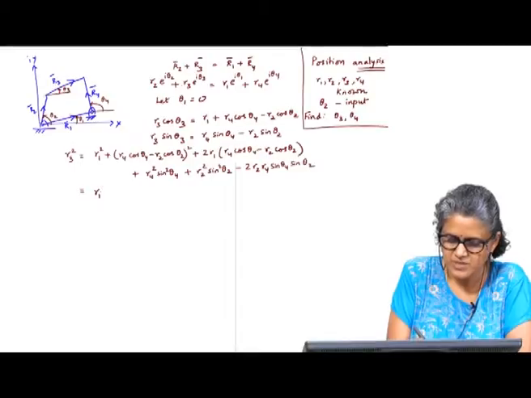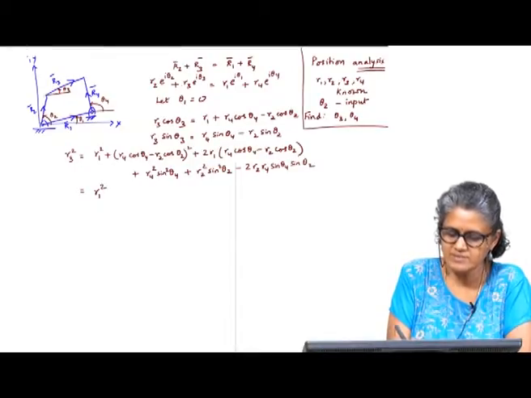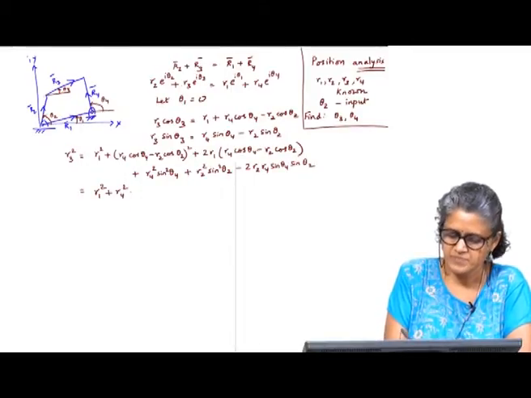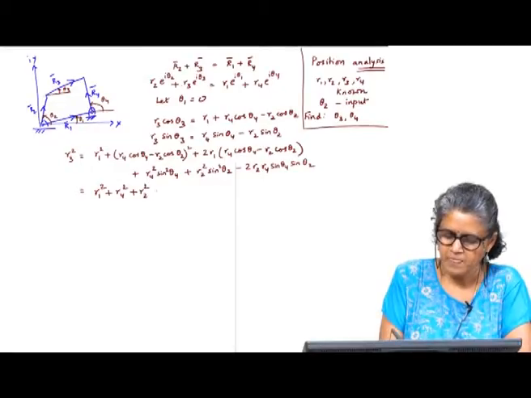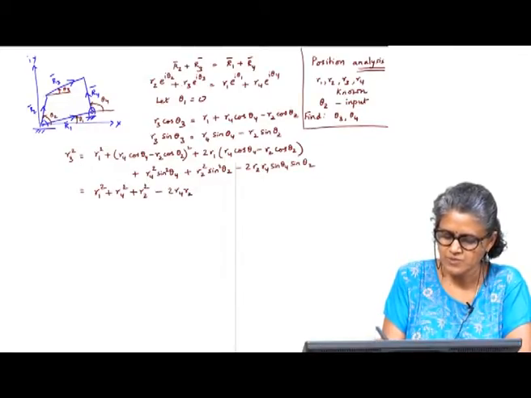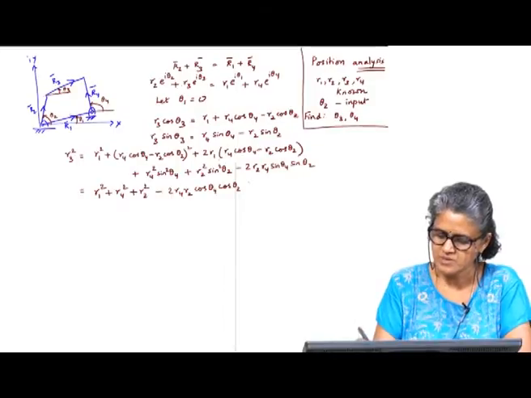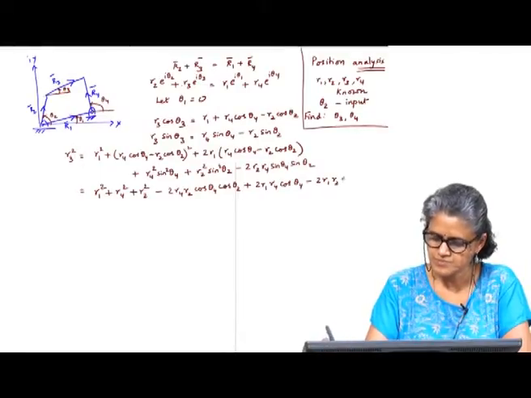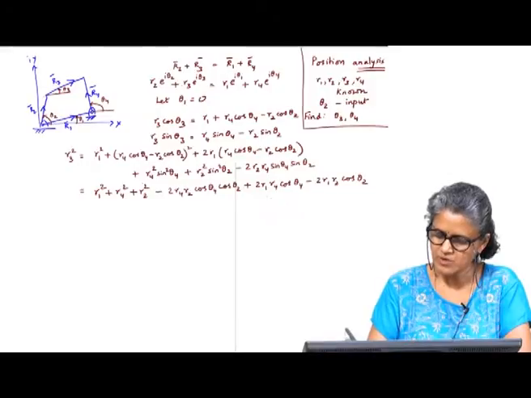So, I get r 1 square, r 4 square cos square plus sin square, so r 4 square, similarly r 2 square cos square plus sin square, minus 2 r 4 r 2 cos theta 4 cos theta 2, minus 2 r 2 r 4 sin theta 4 sin theta 2.